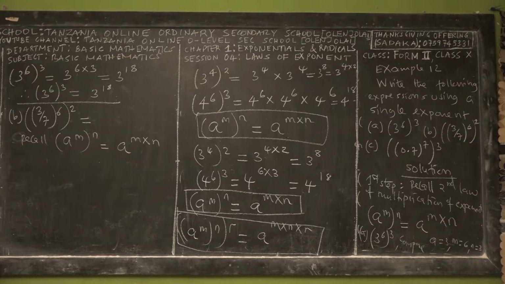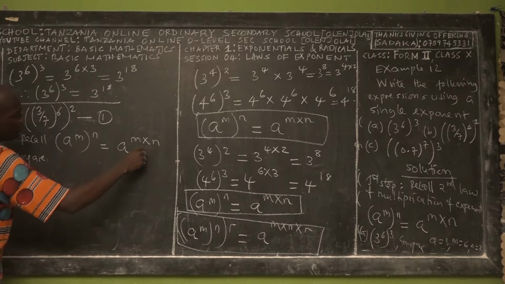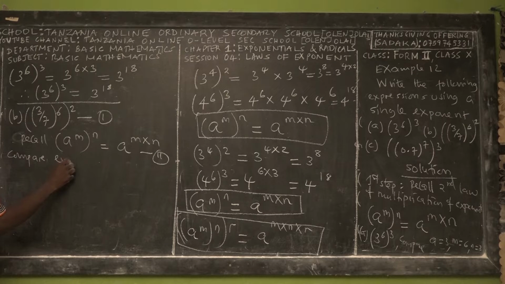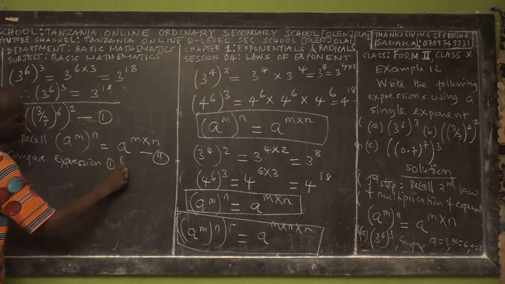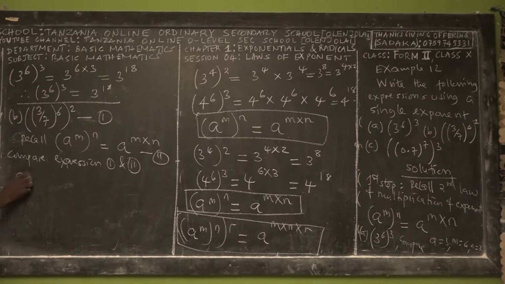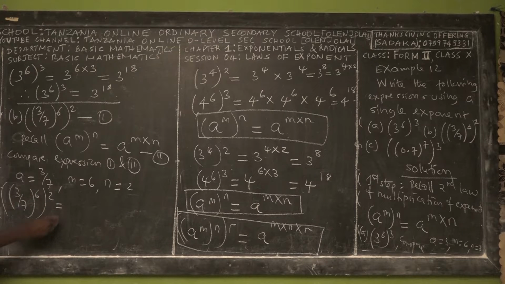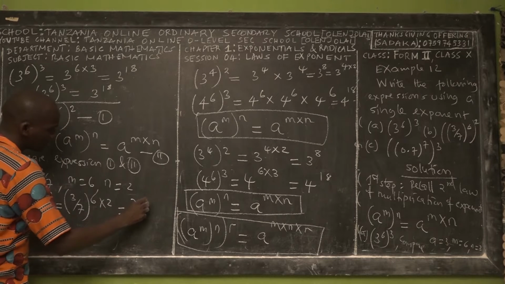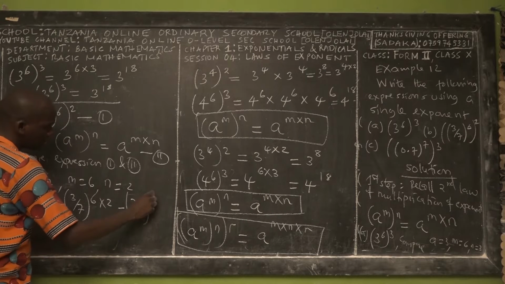If you compare expression 1 and 2, then we find A is equal to 3 over 7, m is equal to 6, n is equal to 2. So 3 over 7 power 6, then power 2, is equal to 3 over 7 power 6 times 2. 6 times 2 is 12.